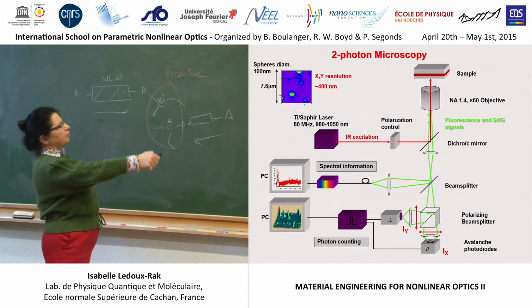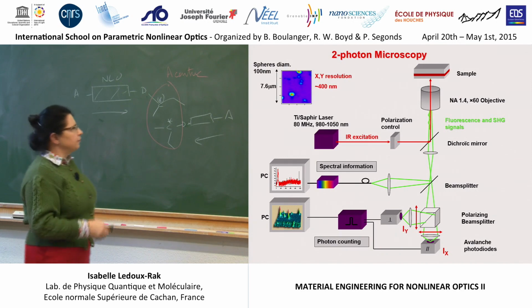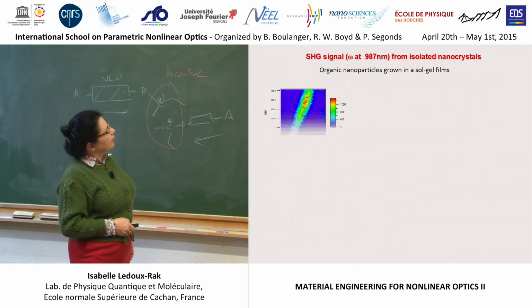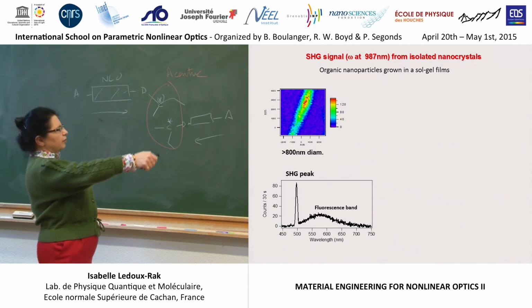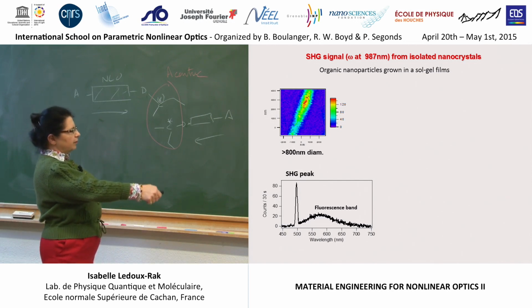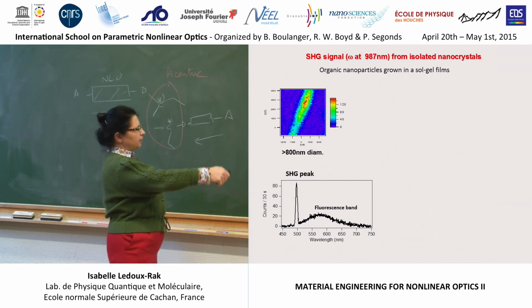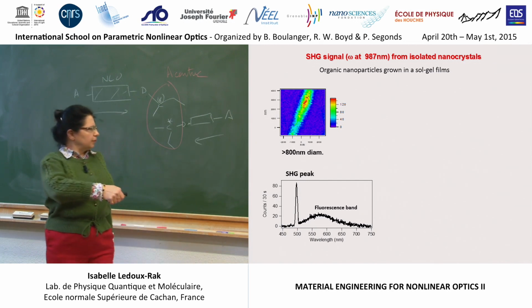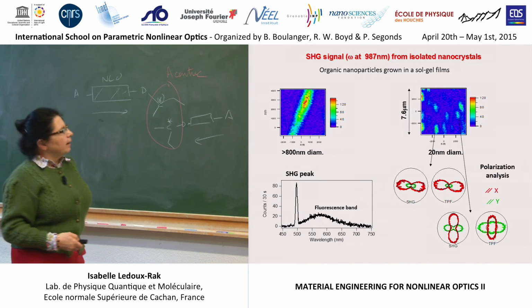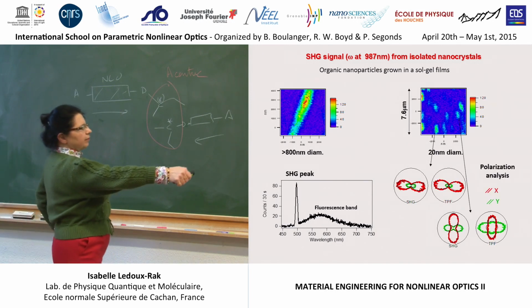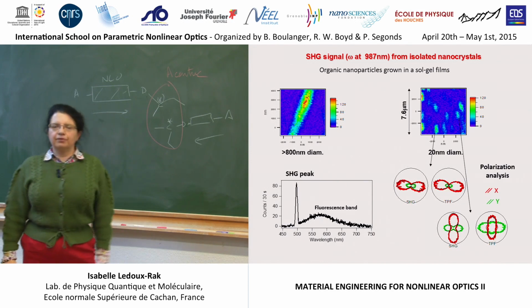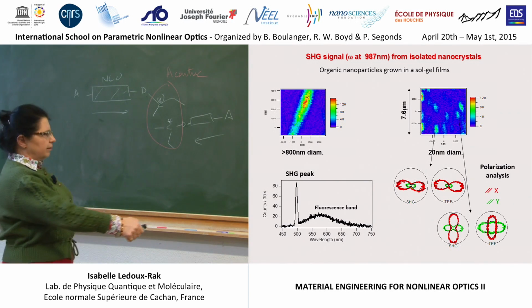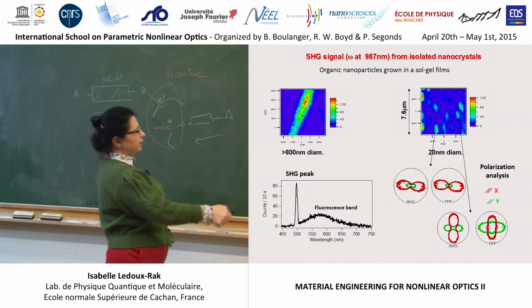And in that case, it's possible to explore various kinds of crystals. In our case, there are some signals of particles. You can see that it's possible to discriminate between the second harmonic and fluorescent signal. And in this set of various particles, we have to select the particles which are single crystalline.